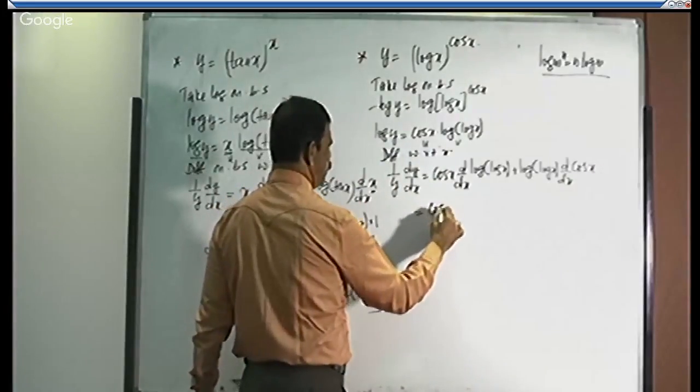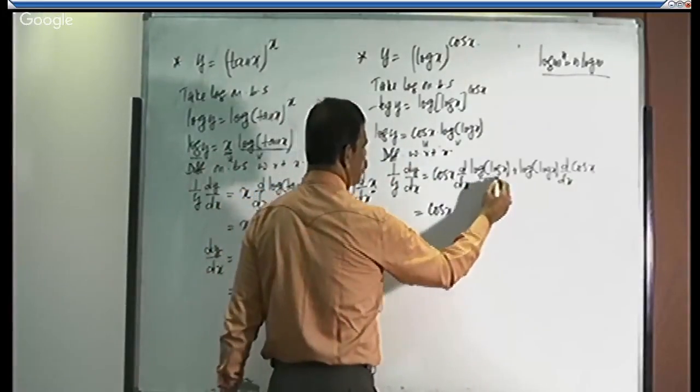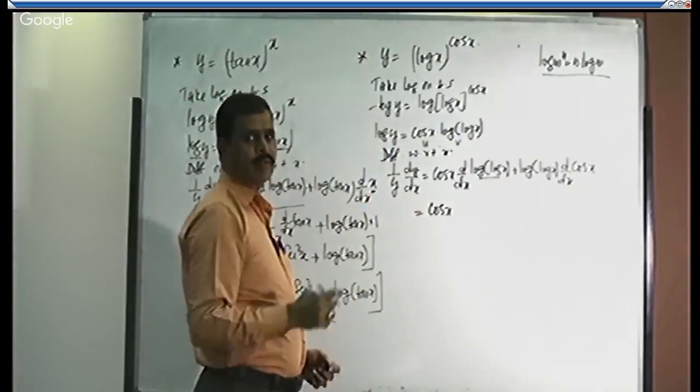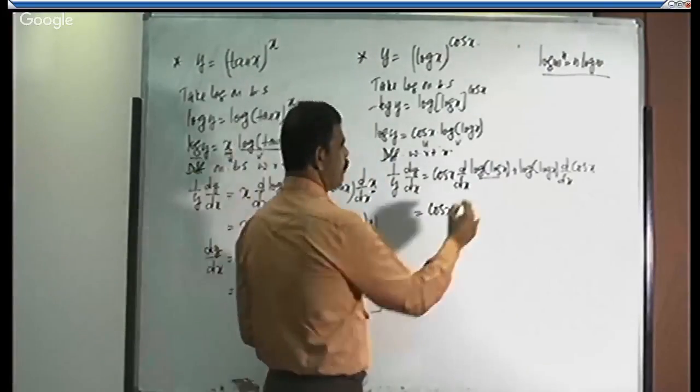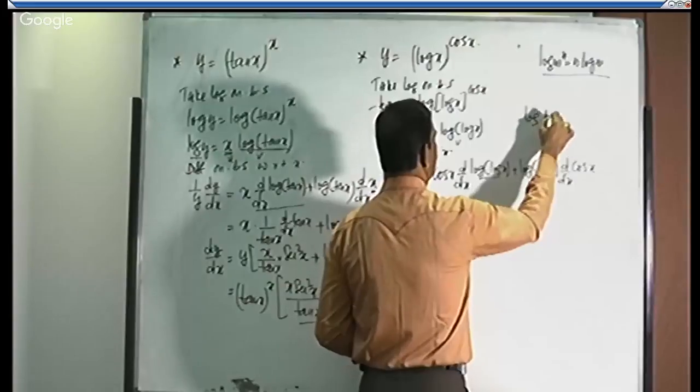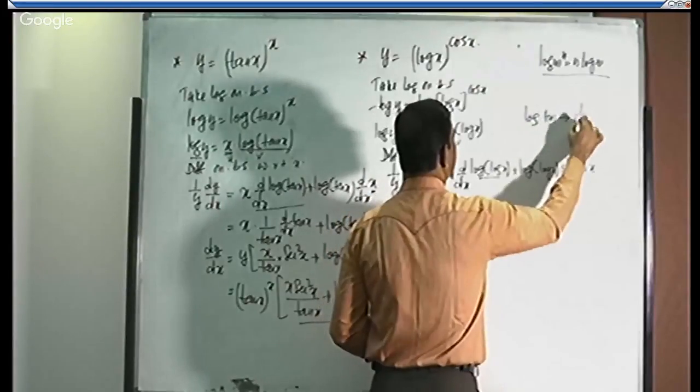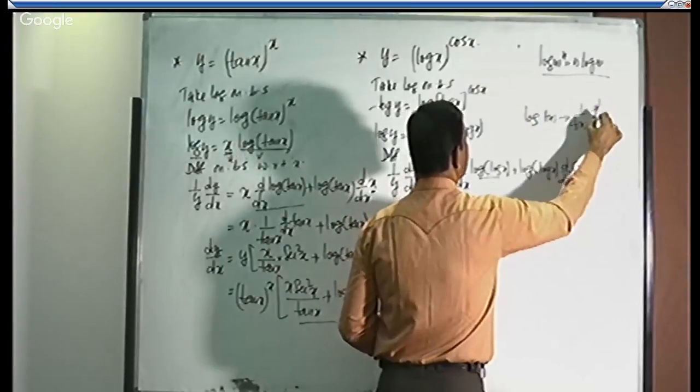So cos x into differentiation of log function. For log x, it is 1 by x. For log function, it is 1 by function into d by dx of function.